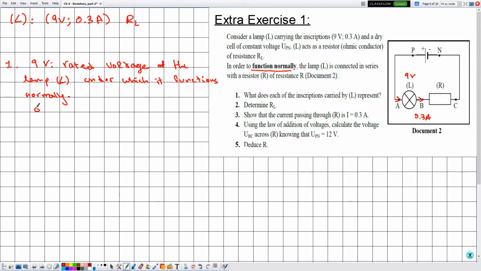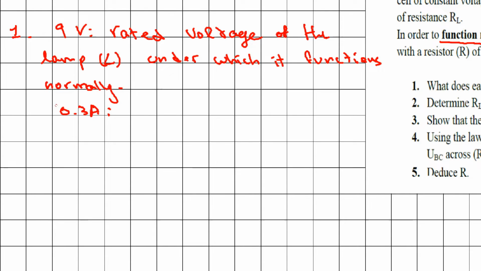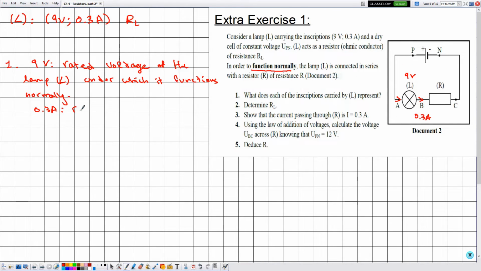Now as for 0.3 amperes, this quantity carries the unit amperes, which means it is electric current. Then it is the rated current of the lamp L, under which it functions normally.